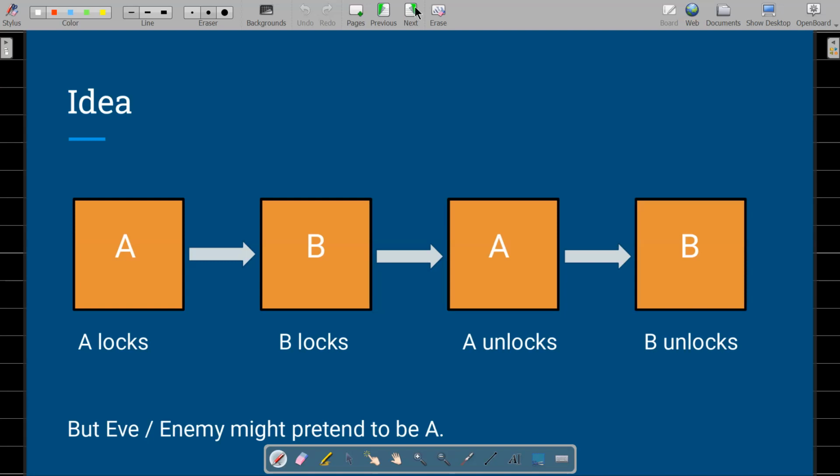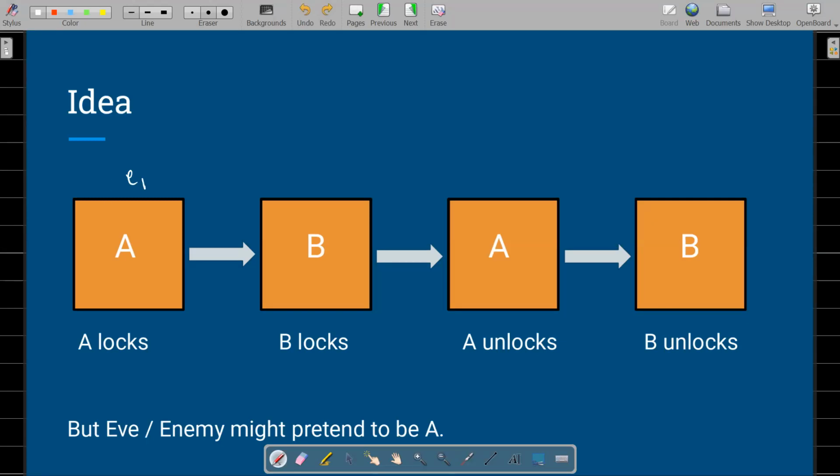A puts everything in some bag and locks that bag, whose key is only with A. In some sense, A's locking is like some E of X, such that D of X is known only to A. Maybe I'll call it E_A, D_A.